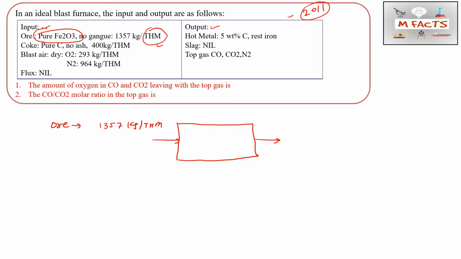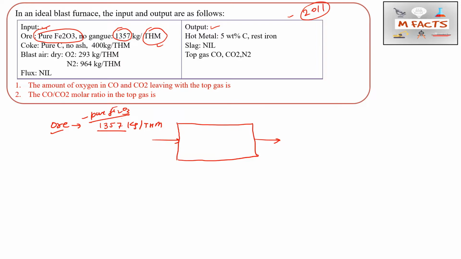It means if we want to produce 1 ton of liquid metal, we need 1357 kg of this ore, and in this ore only pure Fe2O3 is there. So this weight is for pure Fe2O3. I hope you understood this. This is just a statement.